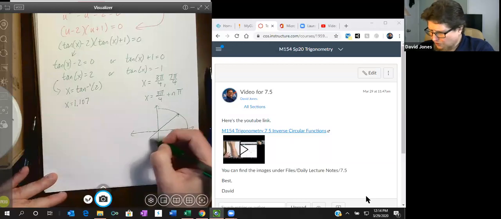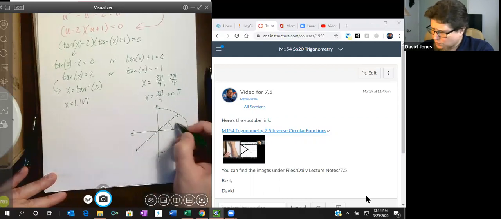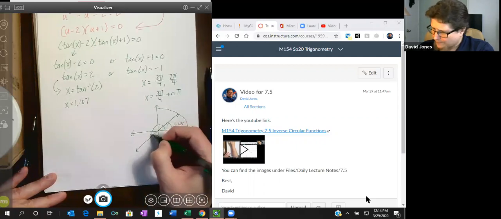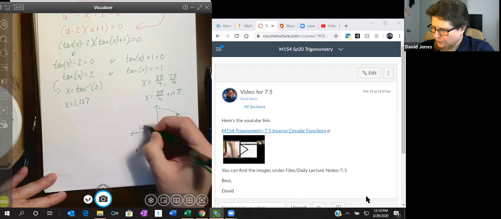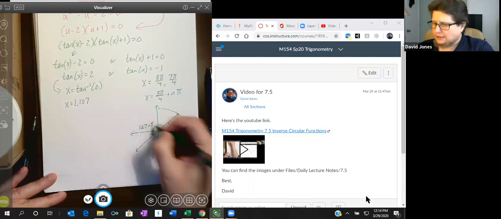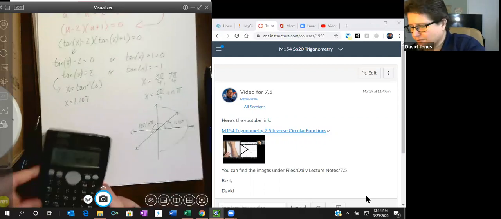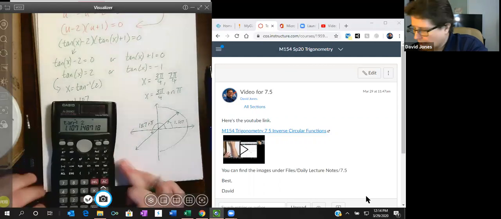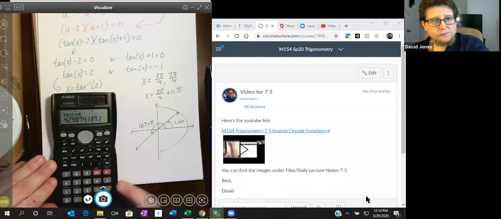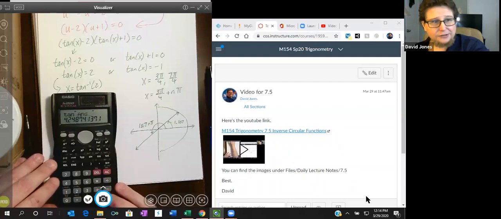Does this angle over here work? So that's 1.107. Does that one work? That's 1.107 plus pi. Let's take a look. Does that inverse function mess things up? I'm going to add pi to this answer, and now I'm going to take tangent of my answer and see if I get 2.